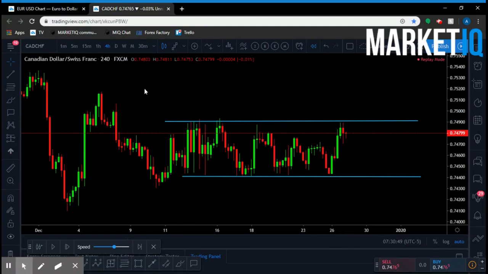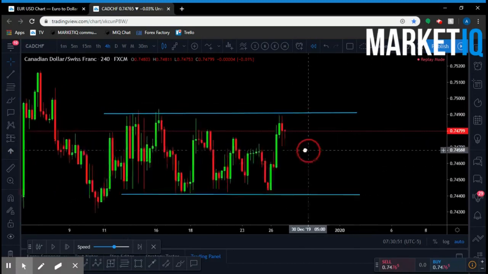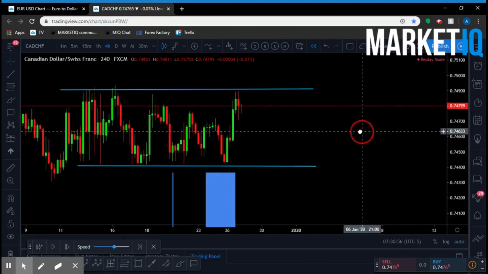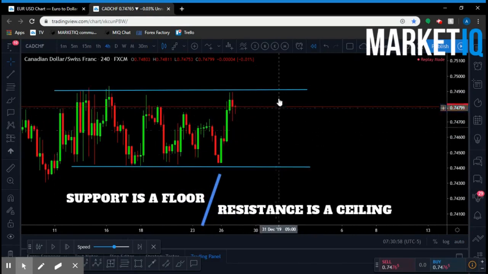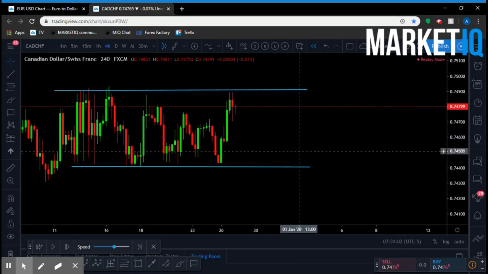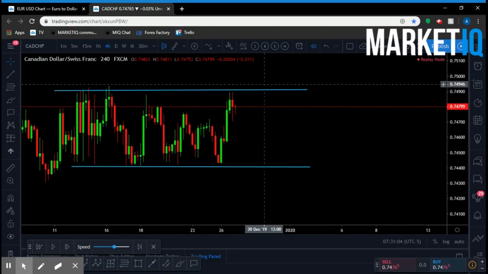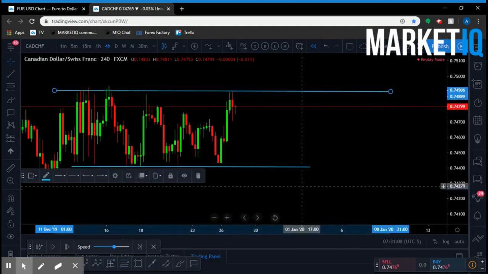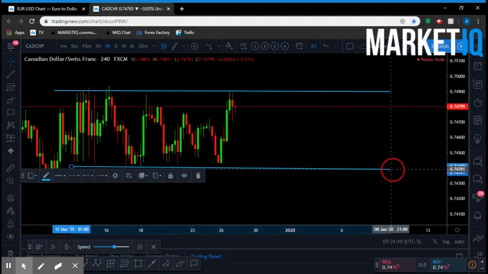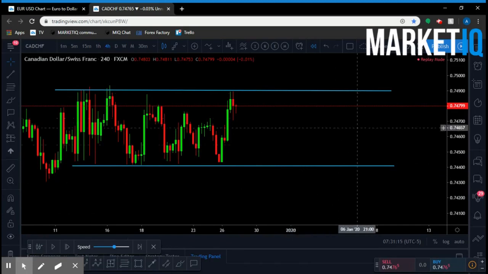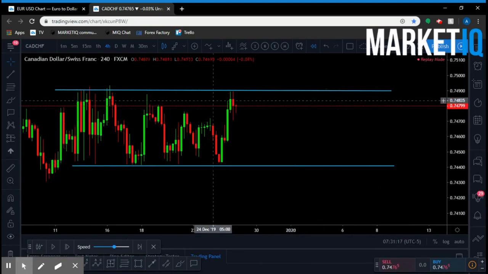Now, when you have support and resistance, you've got a ceiling and a floor, and at some point, this support will become resistance, or this resistance will become support. And what I mean by that is that price won't just stay like doing this forever.